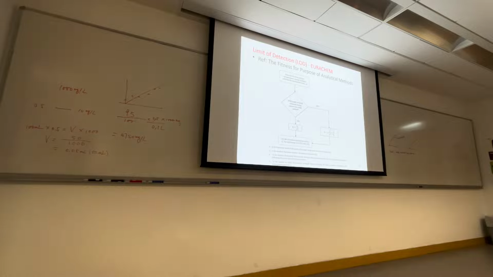Normally, we just analyze the sample once. Sometimes a standard will say that you need to analyze your sample twice and then report the mean result. In that case, n is equal to 2. And if we analyze once, then that will be 1.